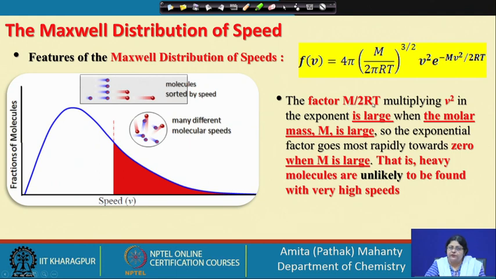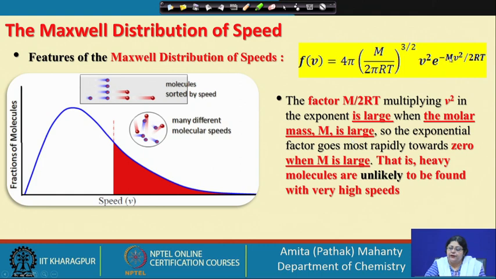R is fixed. Suppose I am talking about a given temperature. For a given temperature, I have V square multiplied by a term which is M by 2 RT. So, this factor M by 2 RT multiplied by the V square in the exponential term is large when the molar mass is large.